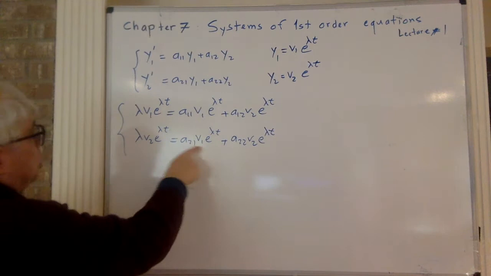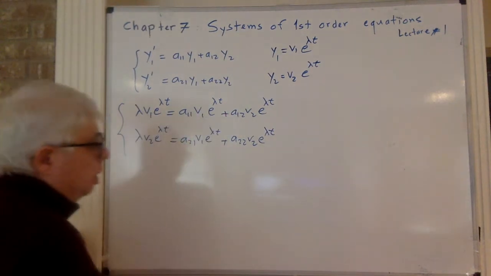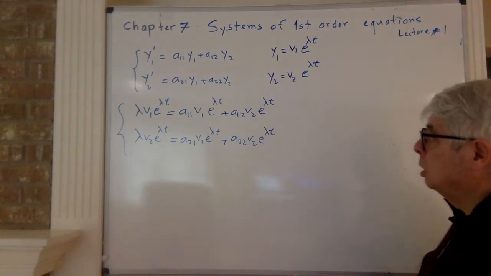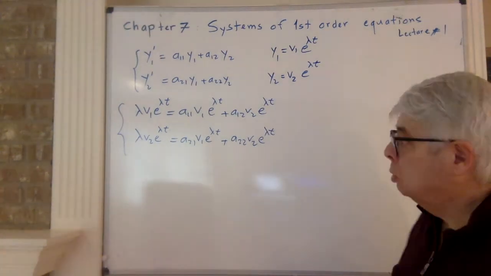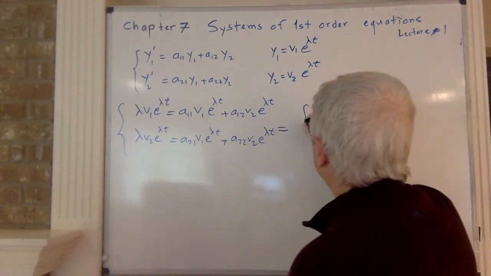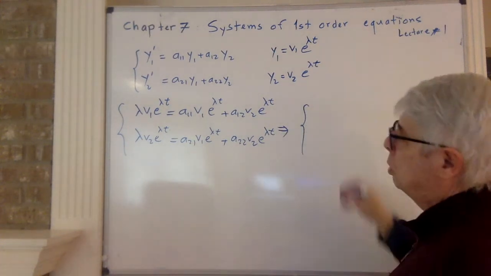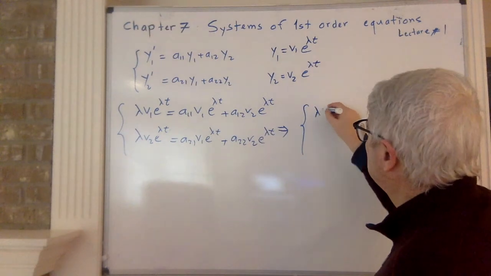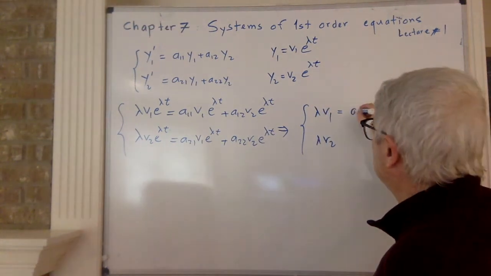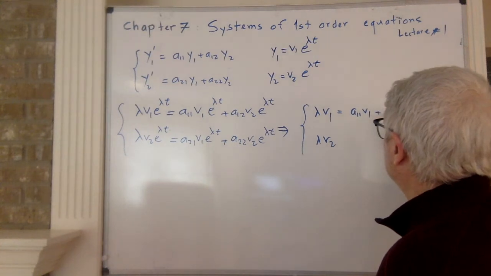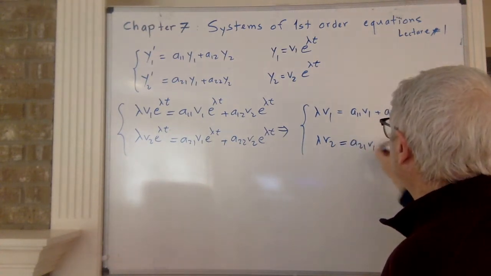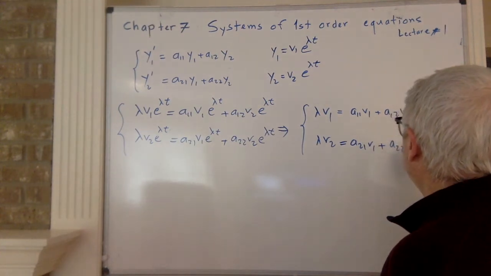E to the power lambda t is in every term, and it is never zero, so I can divide both equations by it. I get lambda v1 equals a11 v1 plus a12 v2, and lambda v2 equals a21 v1 plus a22 v2.